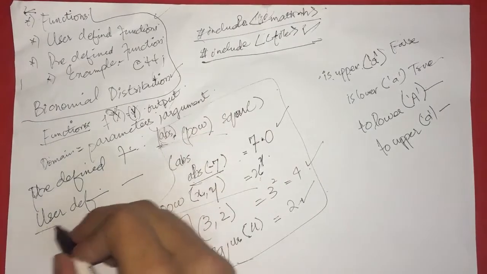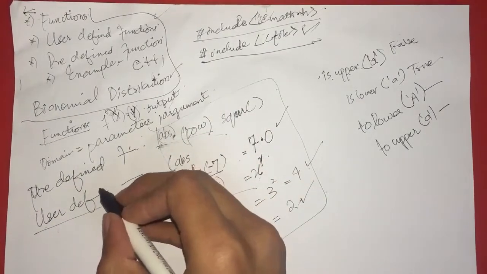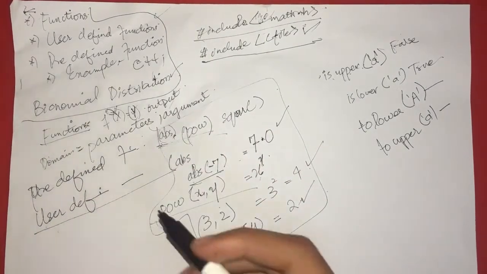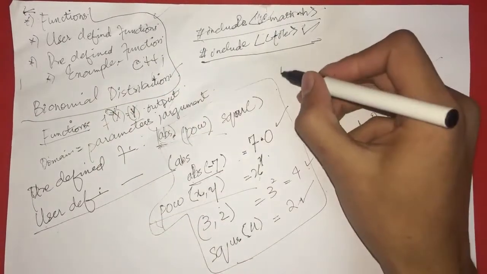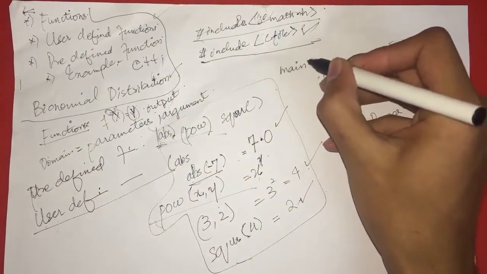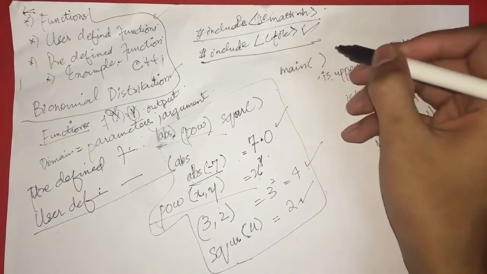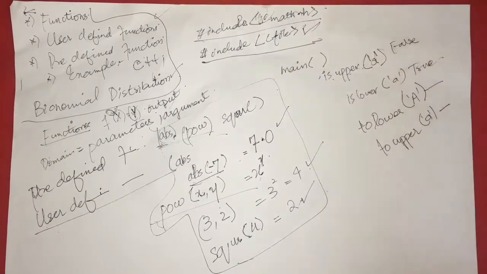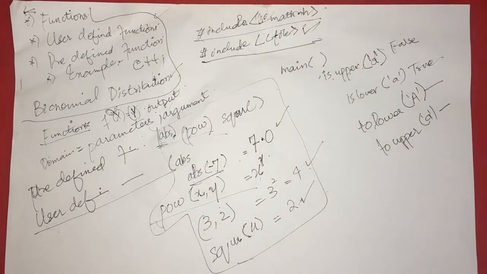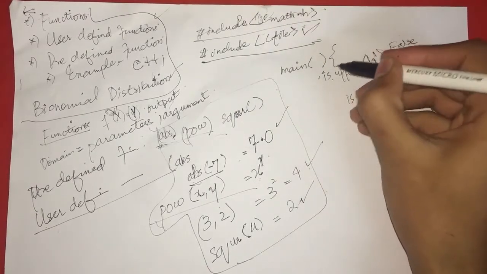But what about user-defined functions? Also, the benefits of functions. Main is also a function, which we have been using up till now, and we wrote all of our code into this function main. We didn't use any other function.